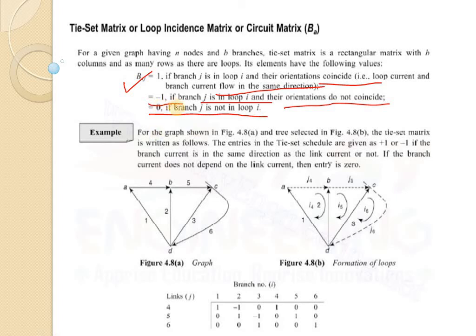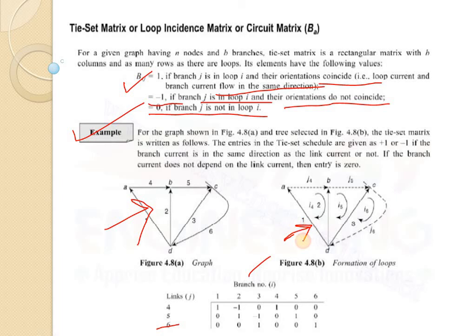Okay, so the example is for the graph shown in figure 4.8a. This is the graph, and the tree is selected in 4.8b. Tree means we remove all the loops and the remaining part is the tree.